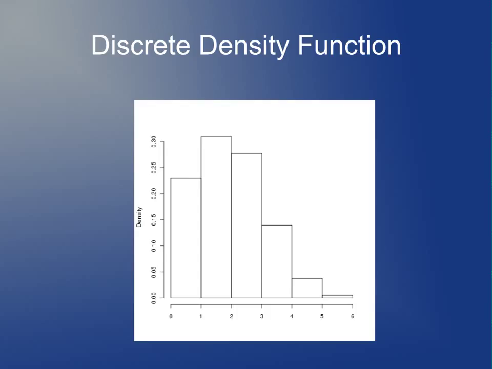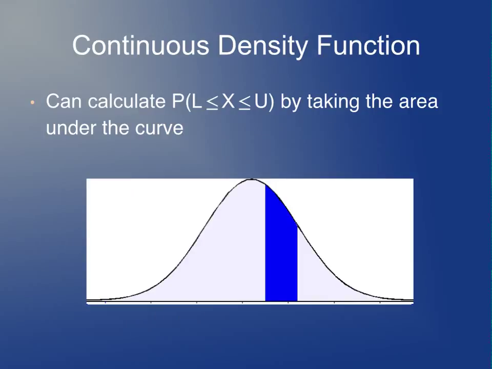It's saying you have about a 23% chance of having the value 0, slightly over 30% chance of 1, a little less than 30% chance of 2, etc. For a continuous density function, as I said before, we assume the probability of one specific value is 0. Instead, the density tells you the probability of being within a specific range.